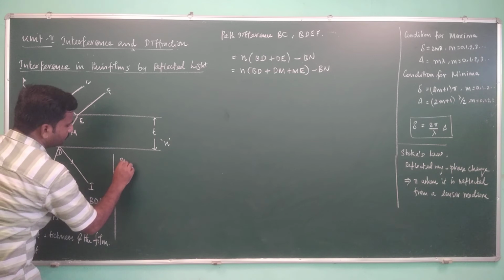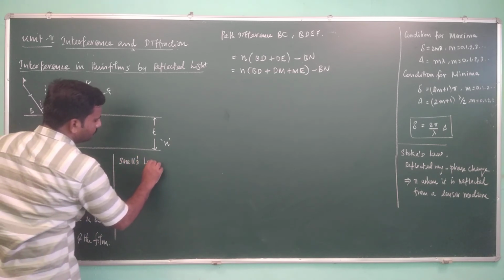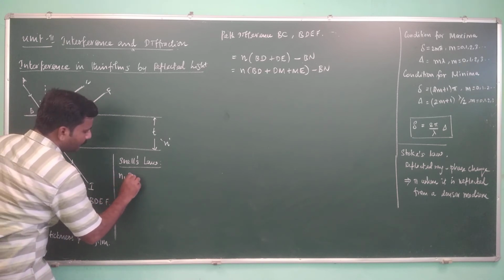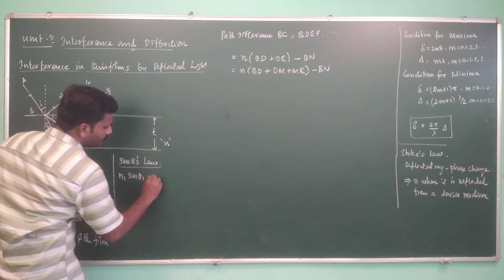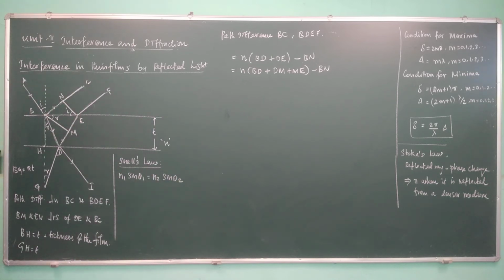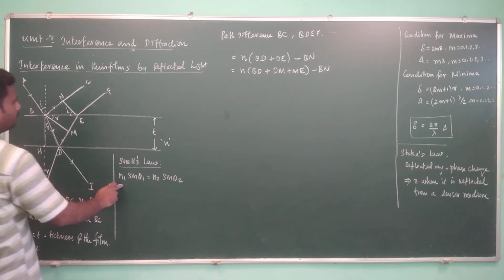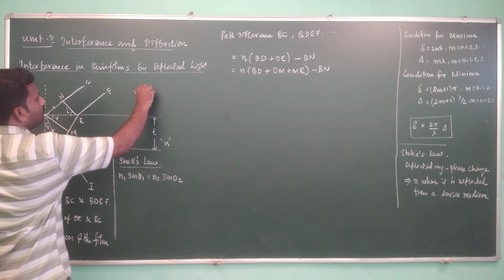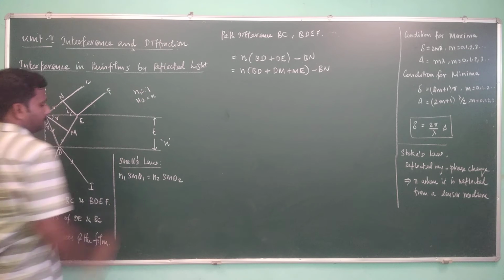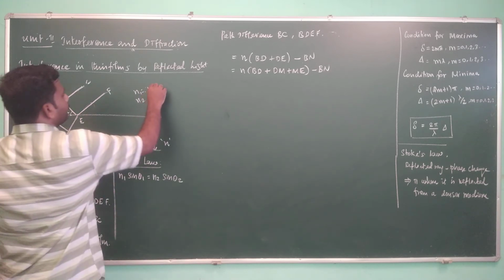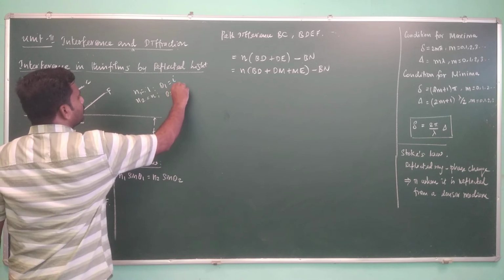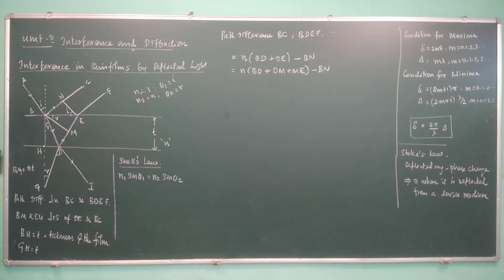Now according to Snell's law, n1 sin theta 1 is equal to n2 sin theta 2. In our case, n1 is equal to 1, n2 is equal to n, theta 1 is the angle of incidence, theta 2 is the angle of refraction.